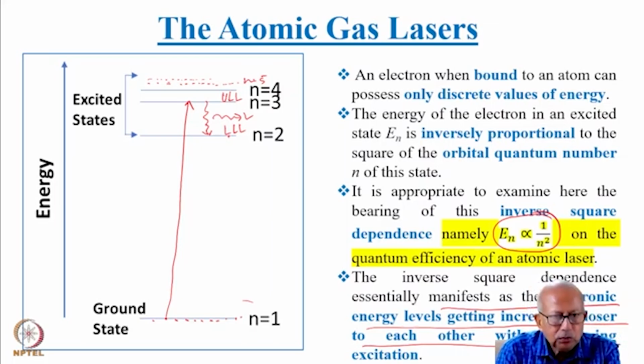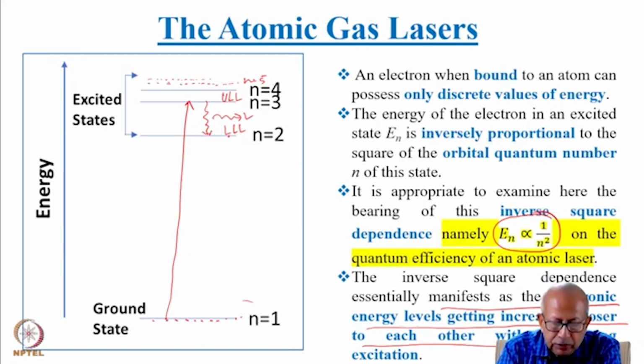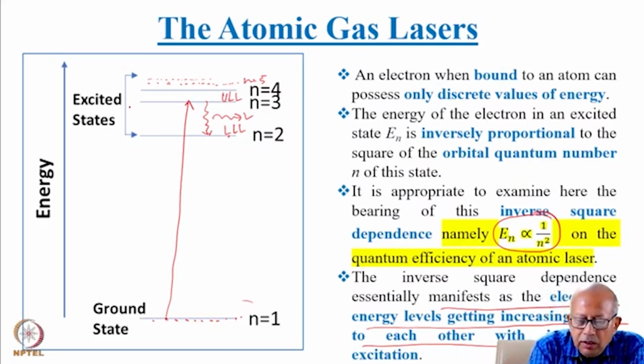So if you have to check a lone atom, because this level is empty, even if you take a lone atom from here to here, you will create population inversion, there will be lasing, absolutely fine. But to take just one atom from here to here, you have to spend an energy which is E3 minus E1, where this is E3 and this is E1.